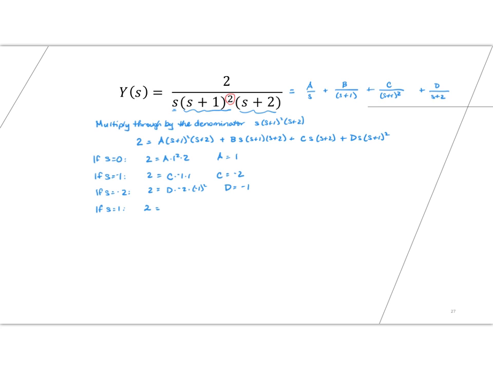So if s is equal to 1, 2 is, A is 1, 1 plus 1 is 2 squared, 1 plus 2 is 3, plus B times 1 times 2 times 3, plus C, oh wait, C is negative 2, times 1 times 3, plus D, negative 1, times 1 times 2 squared.